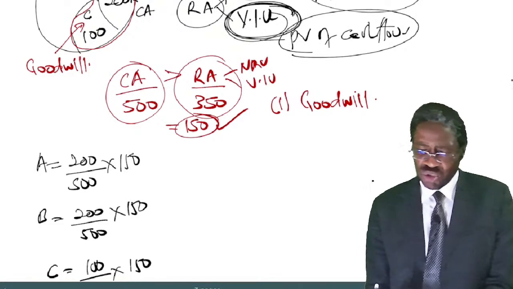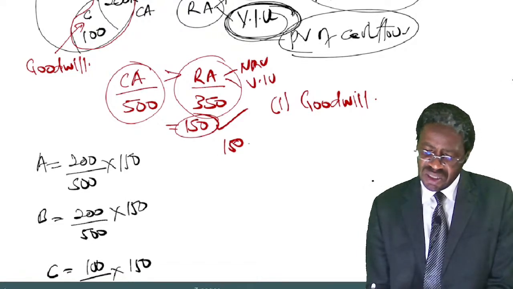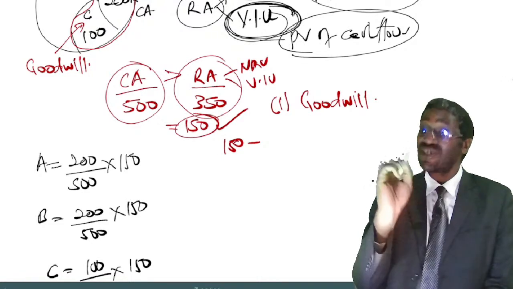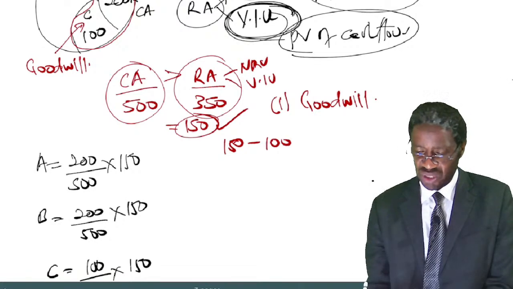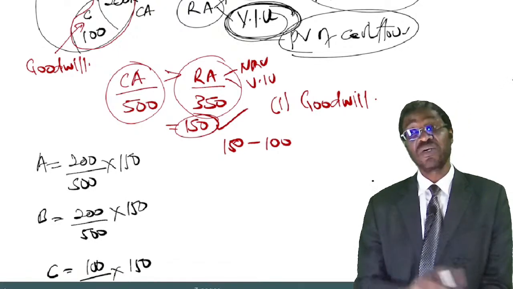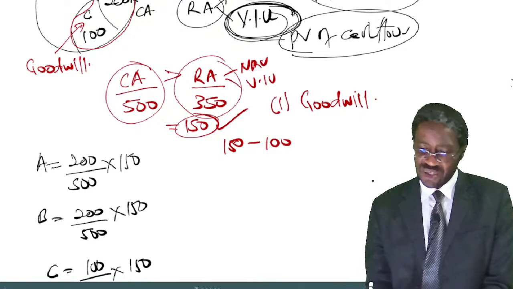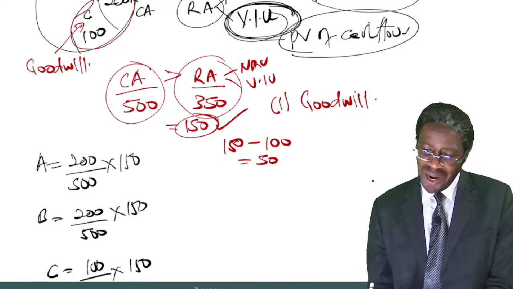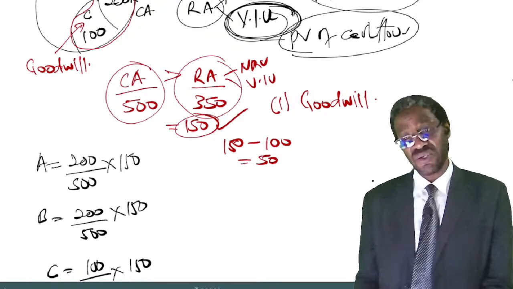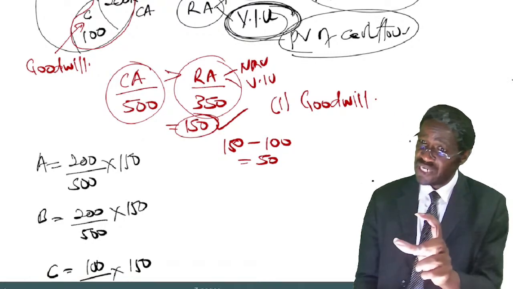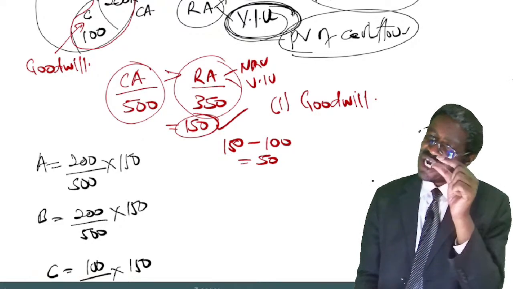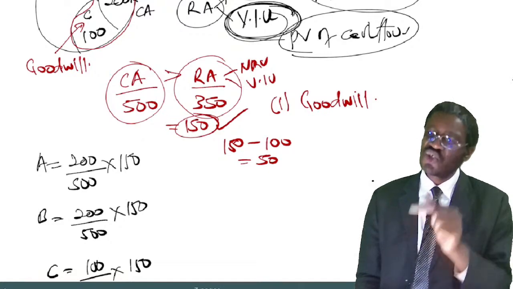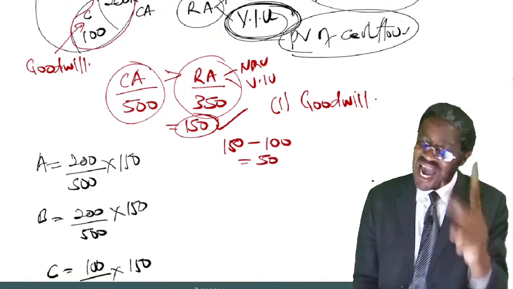Meaning, out of 150 total impairment, write off that 100 that was for goodwill. This will leave you with a balance of 50 million. This 50 million now, listen, it is the one now you allocate to the other assets.